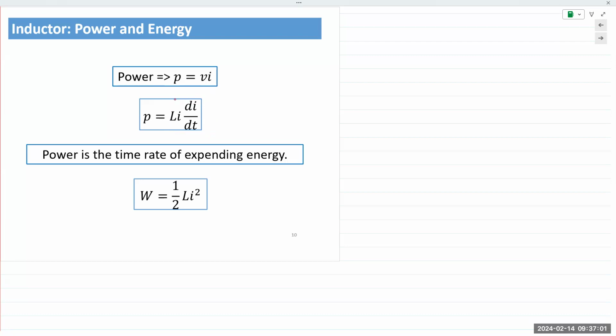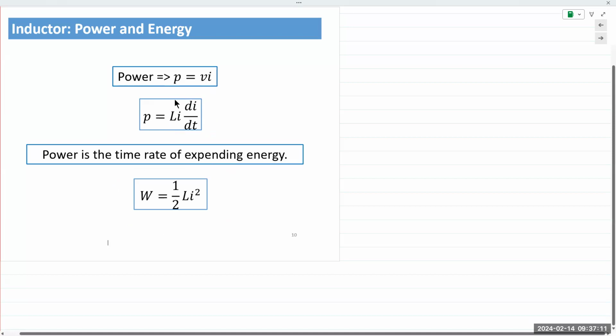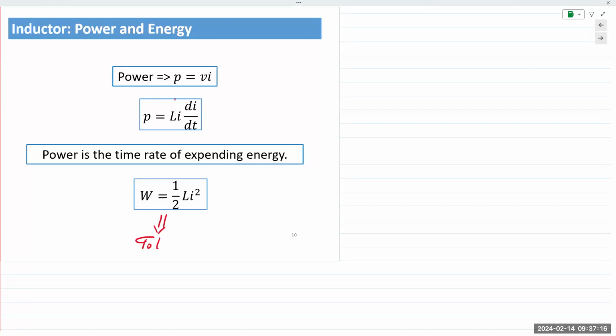So we do the calculation of that equation, and we obtain the energy stored in that inductor. The total energy stored in that inductor is given by the expression half Li square. That is the total energy stored in the inductor.